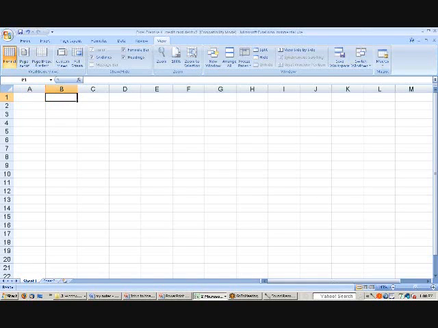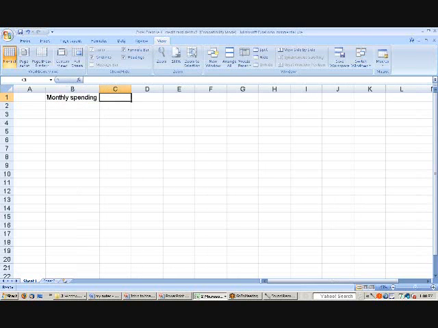Okay, so again, we're going to start by typing in the inputs to the spreadsheet. So we're going to have monthly purchases, or spending, we'll call it, monthly spending, $100. We're going to have an interest rate, which is 20%.